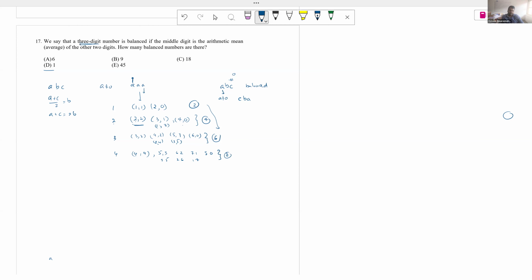Now, when it hits 5, things become slightly different, because you will hit 9 before you hit 0. So let's see what happens. Okay. So you have 5, 5, 6, 4, 4, 6, 7, 3, 3, 7, 8, 2, 2, 8, 9, 1, 1, 9.